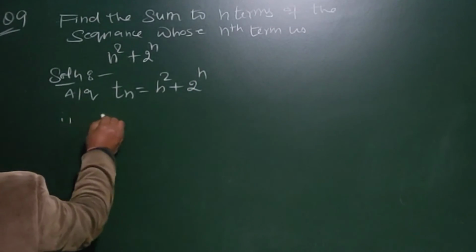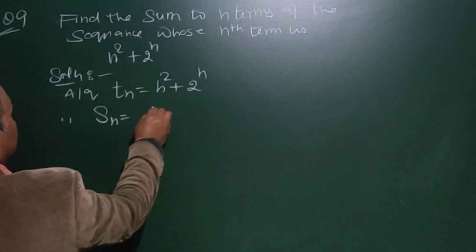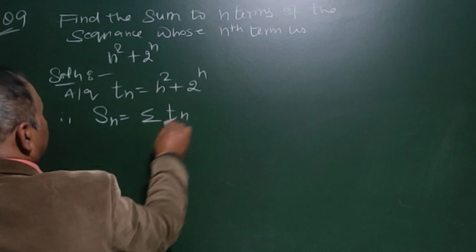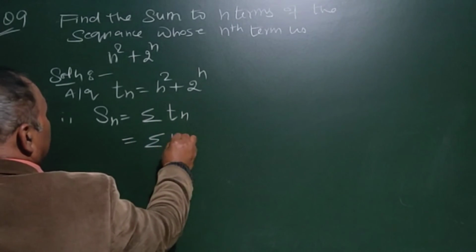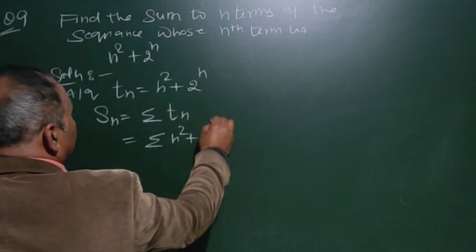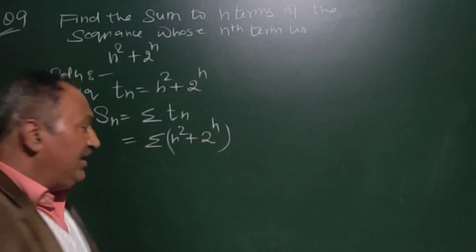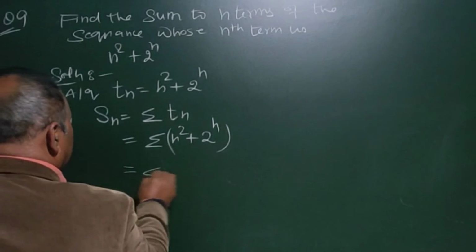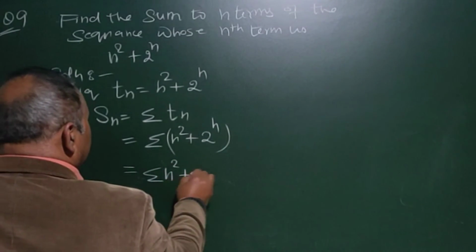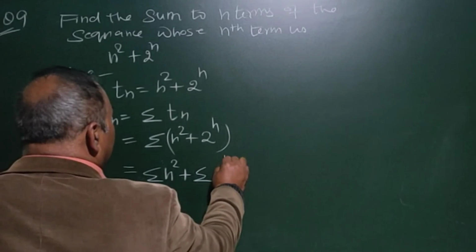Therefore, applying the formula, Sn is equal to sigma Tn. That is sigma of n square plus 2 raised to power n. And it becomes sigma n square plus sigma 2 raised to power n.